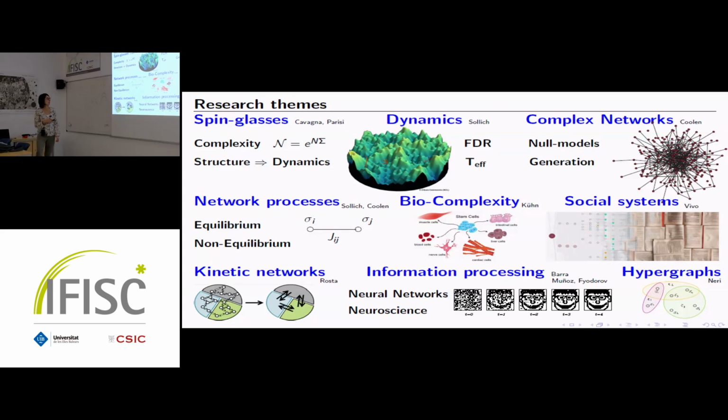Then I moved on to consider network processes. This is when you place stochastic variables on the nodes, and these variables interact through the links, which can be weighted. The main aim is to understand how the network structure influences the process or affects the resilience of the process on top of it. I've done this for different systems with different variables, spins, Kuramoto oscillators, and so on, with different applications in mind.